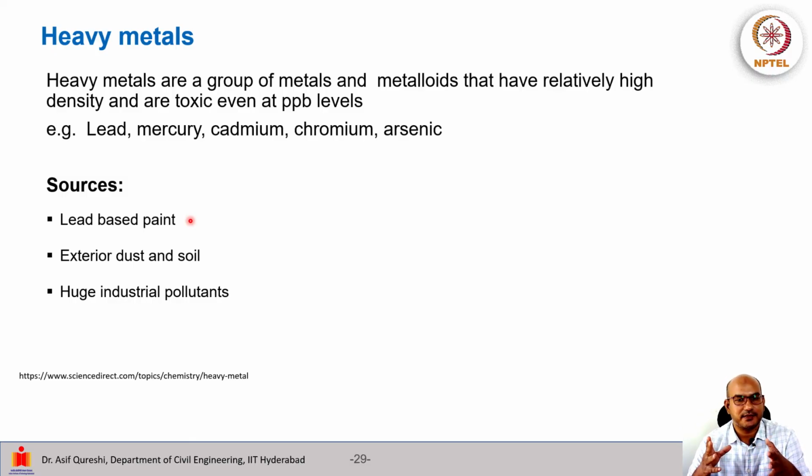Sometimes if a mercury thermometer breaks indoors, some of the mercury can vaporize. In some places, especially occupational settings, people may use mercury for purifying gold. There, when you form a mercury-gold amalgam and you burn that, the gold is left and the mercury vaporizes and the person can inhale that.